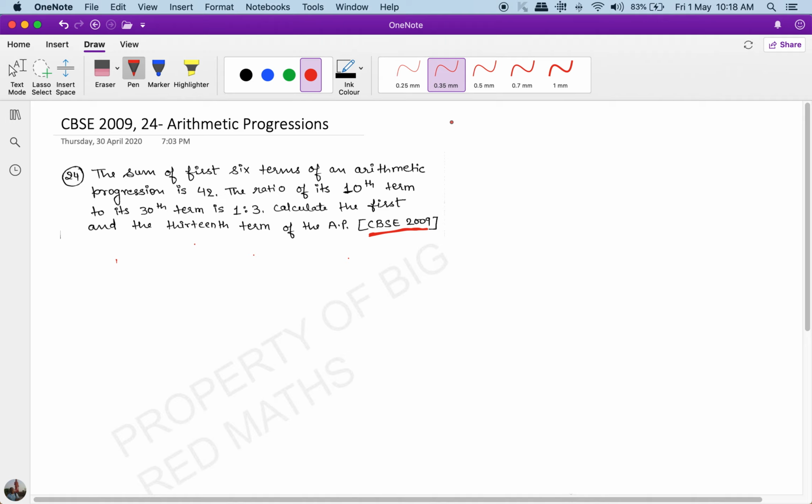Now remember, this question is testing your ability to convert basic English language to equations. If you cannot convert English language to equations, you are going to face a lot of problems.